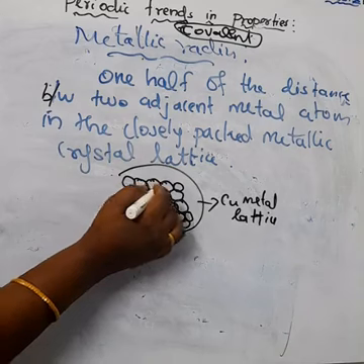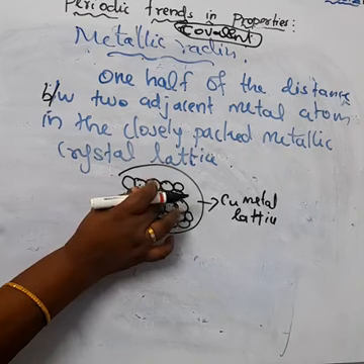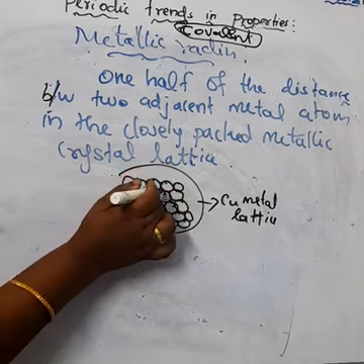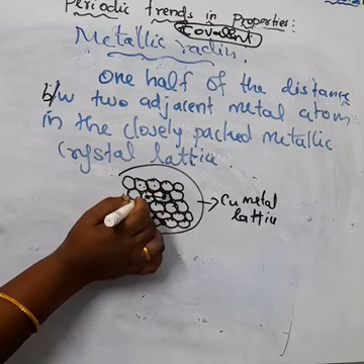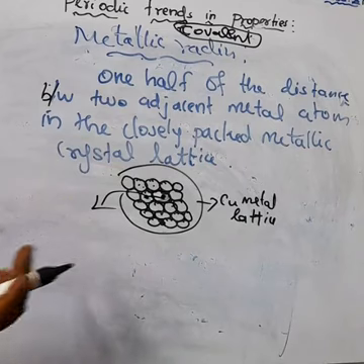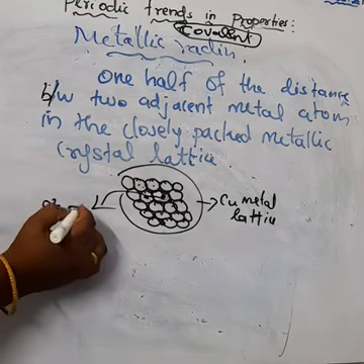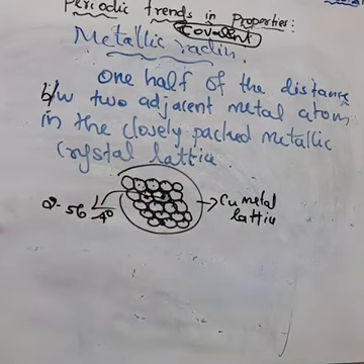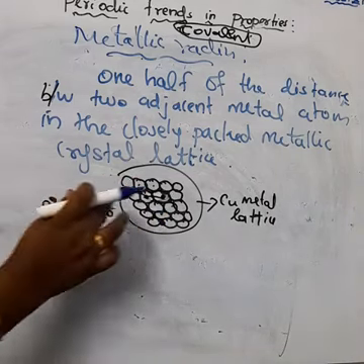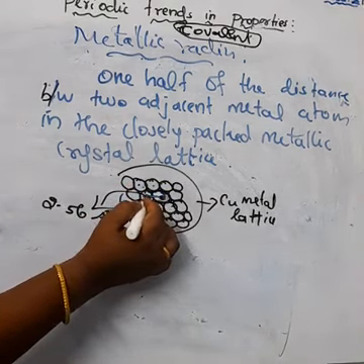Experimentally, they proved that the distance between two adjacent copper atoms is 2.56 Angstrom, determined by X-ray diffraction techniques.